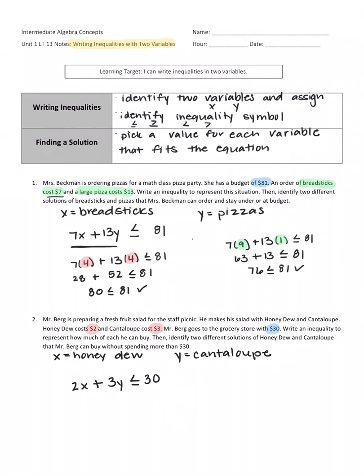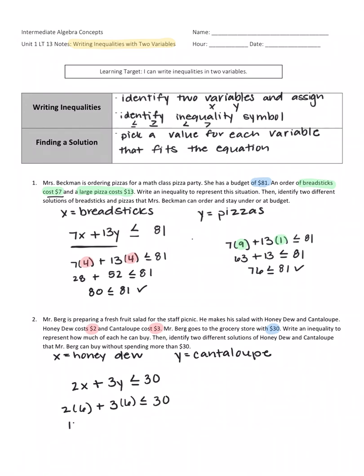Okay, so now we're just going to decide what we can plug in and try to spend no more than $30. Well, let's say I want 6 honeydew. So I'm going to say 2 times 6 plus 3 times, and let's just guess, maybe I want 6 cantaloupe too. Is that going to be less than or equal to $30?